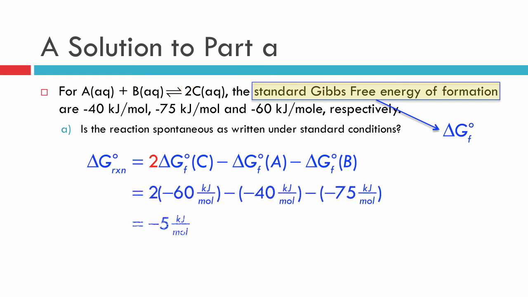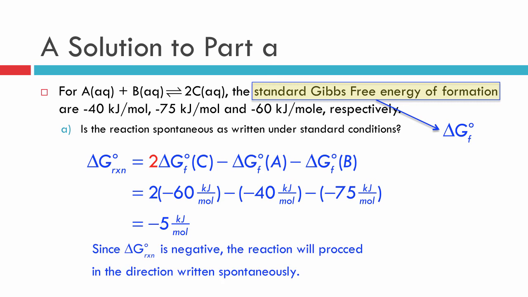If we plug in our values, we get a nice simple thing of minus 5 kilojoules per mole. The question is, is this reaction spontaneous under standard conditions? You betcha. Minus 5 means if I set it up under standard conditions, this thing would be spontaneously moving towards equilibrium and making more product. So since delta G naught is negative, this reaction will proceed spontaneously in the direction written if we start at standard conditions.